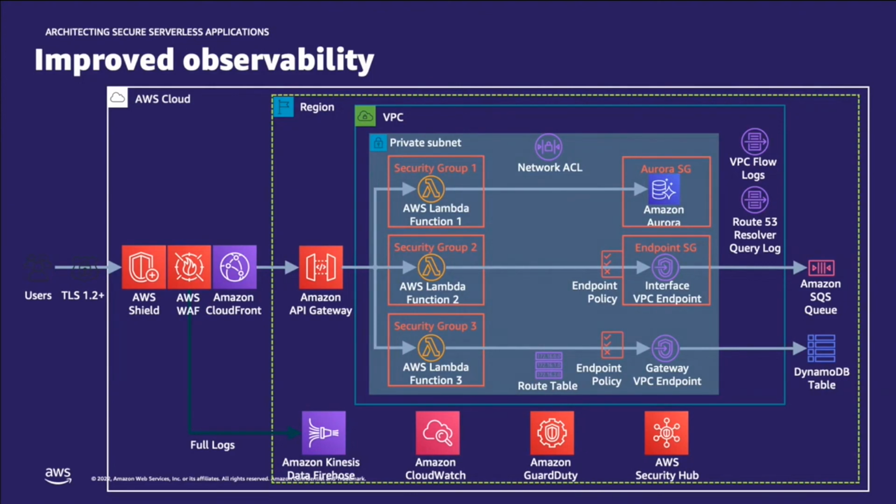We have the out-of-the-box integration with VPC flow logs, as I mentioned, and you may also leverage other services like Amazon GuardDuty to provide some intelligence and machine learning to identify uncommon behaviors and continually monitor VPC flow logs and DNS logs in your VPC.